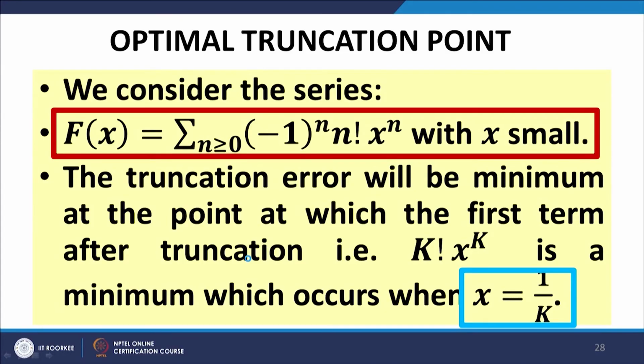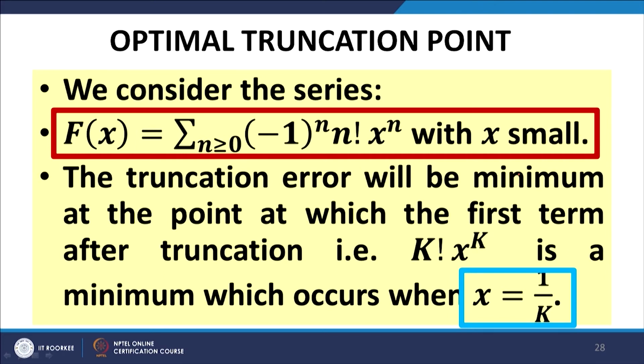So, that being the case, let us consider as an example the series f of x equal to summation of minus 1 to the power n, n factorial, x to the power n, with x being small. The truncation error will be minimum at the point where the first term after the truncation is smallest.